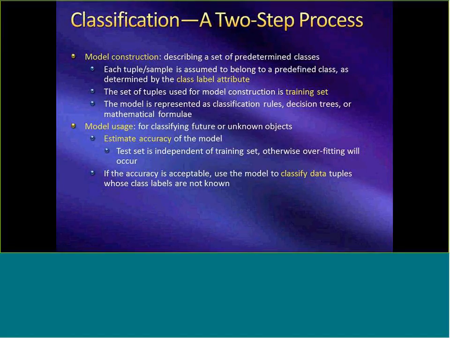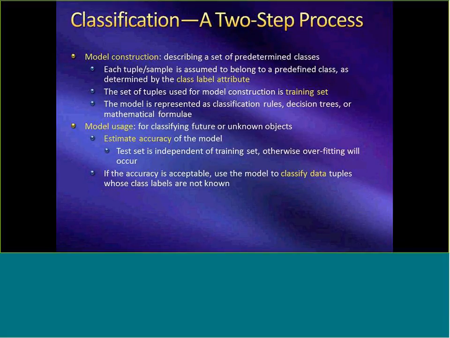It's very important that you keep this in mind: when we train on the data set, we try to estimate the accuracy of the model. So, in addition to the training data set, we have to have test data sets, which are going to permit us to estimate the accuracy of the model.